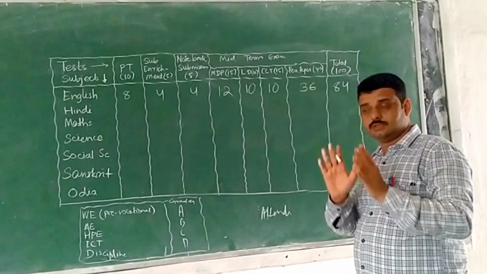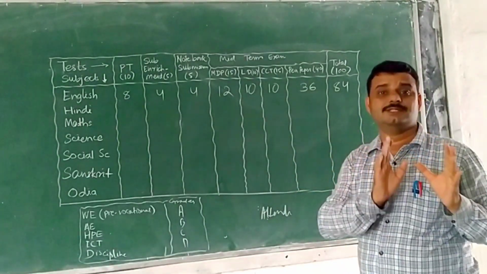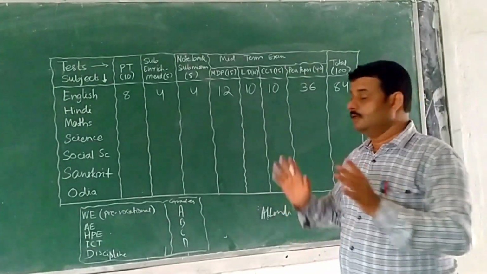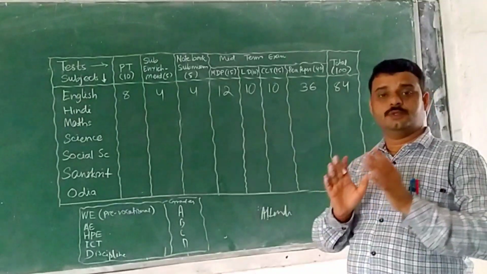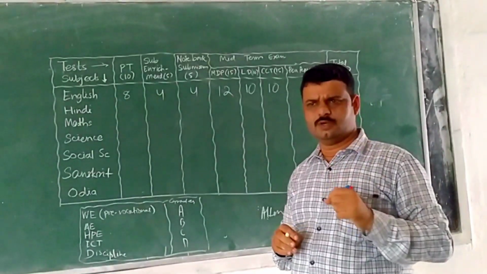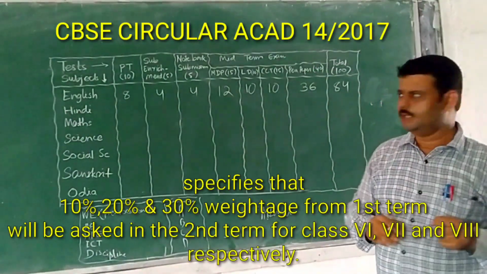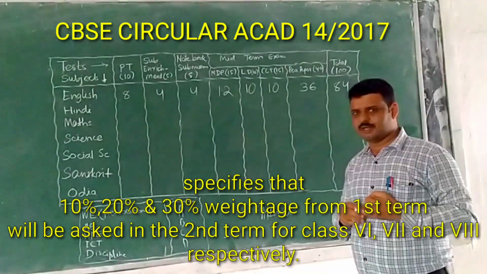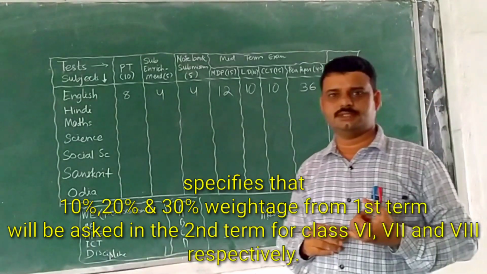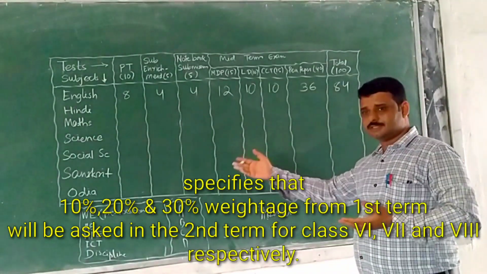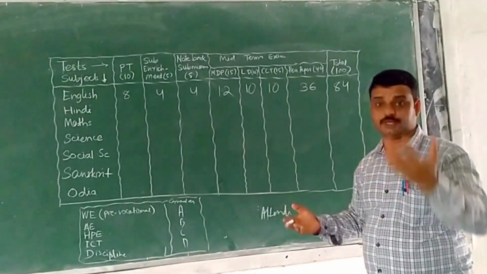So this is the first part of your class 6 to 8 assessment, and similarly there will be another part. And for the course or the syllabus, if you follow the old guidelines 2017, then in some classes there is a particular weightage of 10%, 20% and 30% likewise. That may be asked from the vital aspect of the first term.